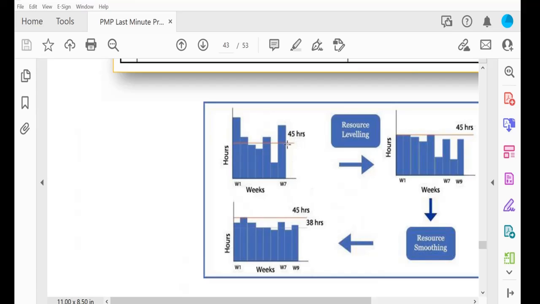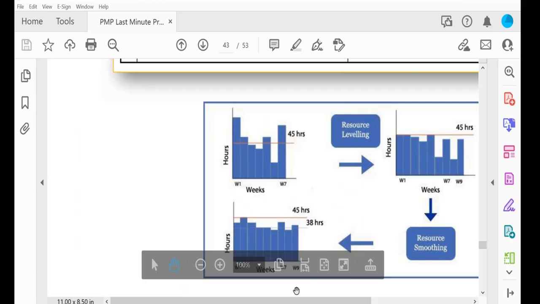So we are setting a threshold value that each week the worker should work 45 hours. So what we are doing is taking this workload and distributing it somewhere in the gap.